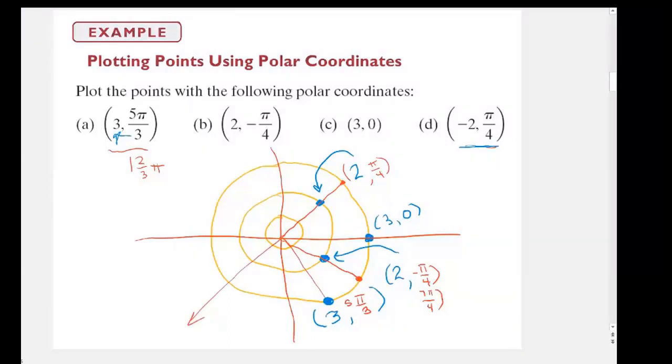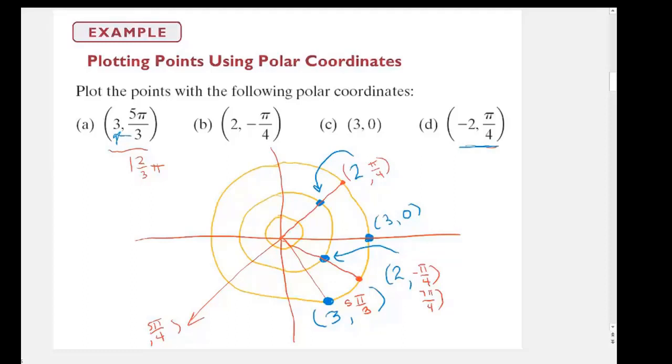For example, if this is pi over 4, this would be 5 pi over 4 in quadrant 3, which is pi away from pi over 4, or exactly in the opposite direction. That's what that -2 means.